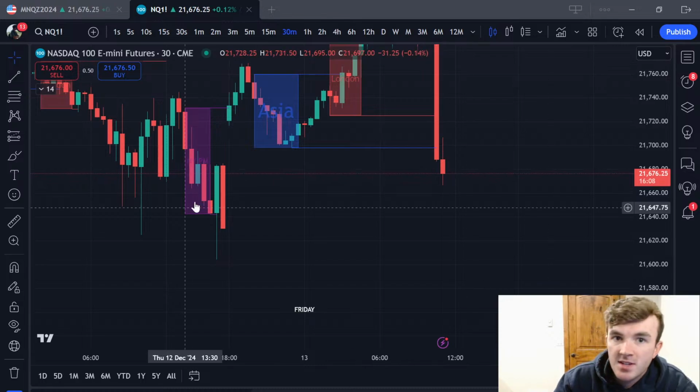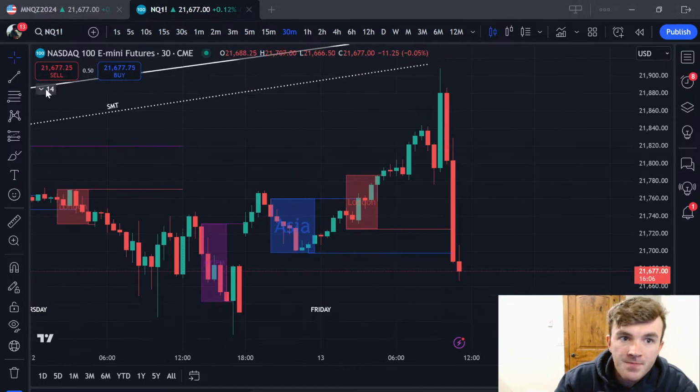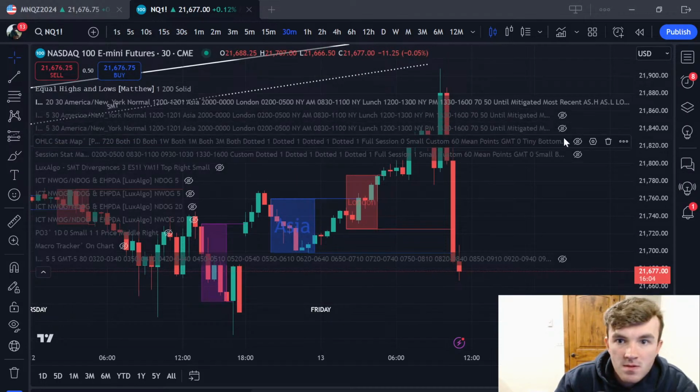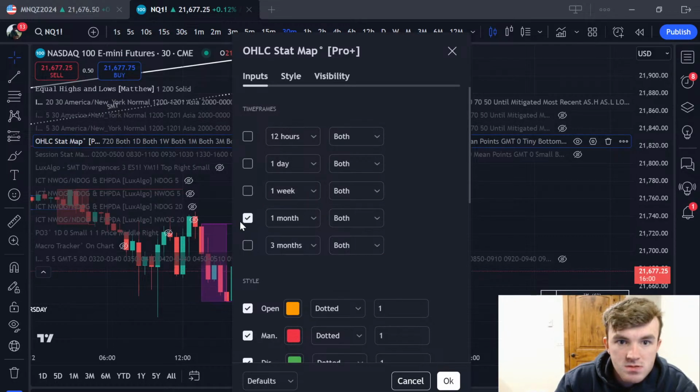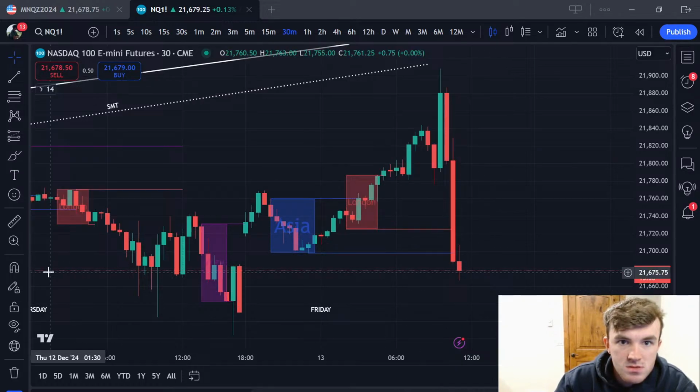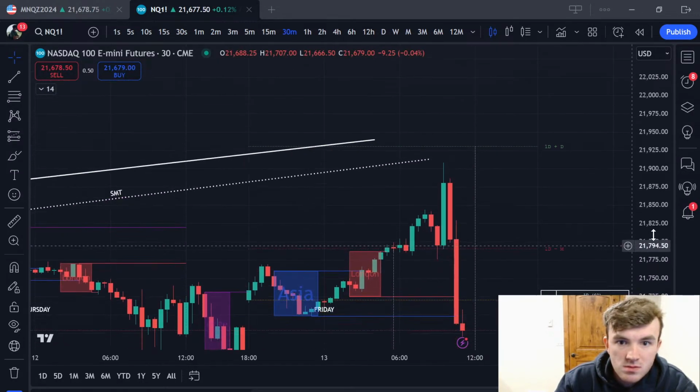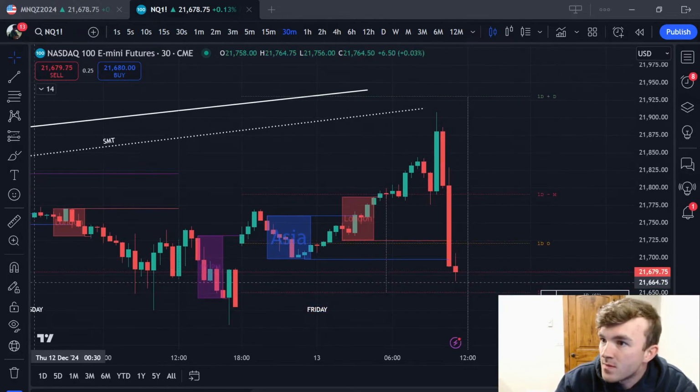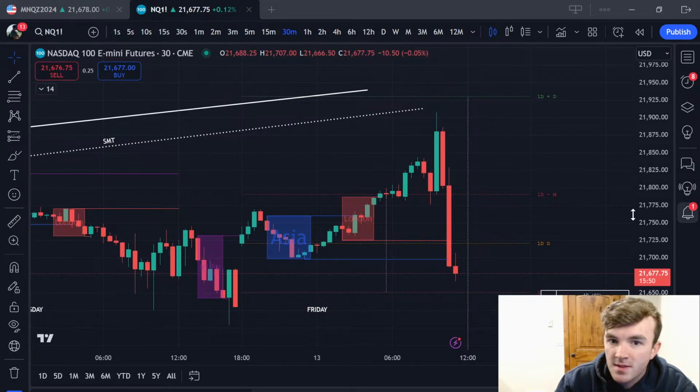We hit the daily distribution level on StatMap here. Well, we hit it on this chart.